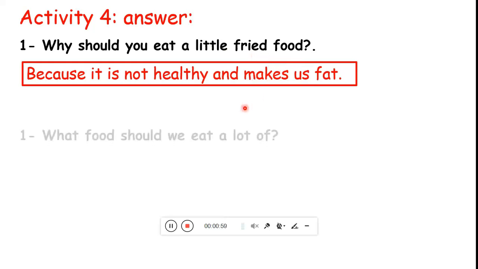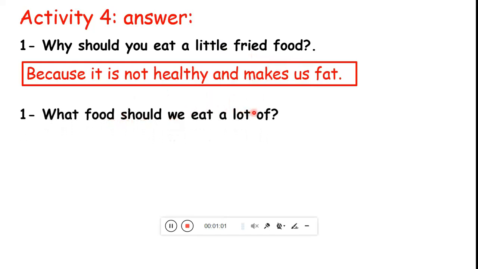Now let's see another question. What food should we eat a lot of? According to the lesson, according to what Omar's mom said. What food should we eat a lot of? Should we eat a lot of fried food? What do you think?